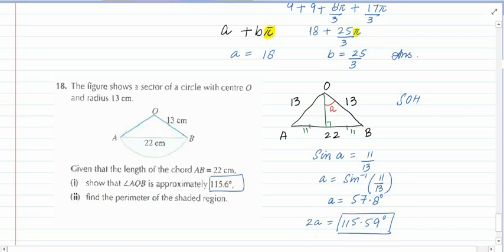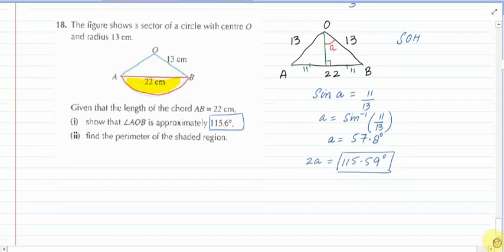After that it says find the perimeter of the shaded region. Now the shaded region is this part, right? We need to find the perimeter, so I am going to highlight the boundaries. We need to find the length AB, that is already known, and the arc length of OAB.